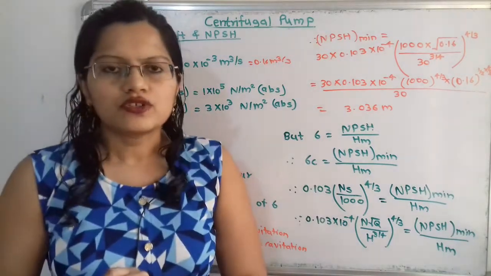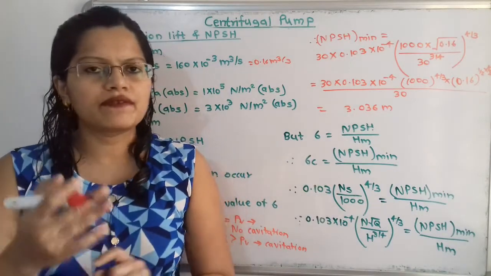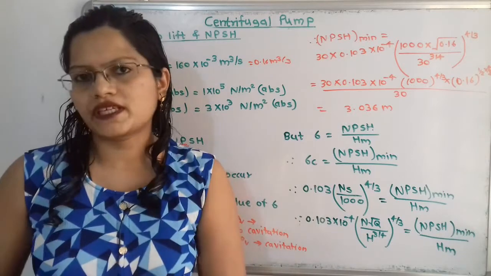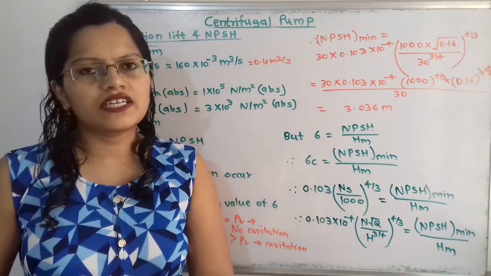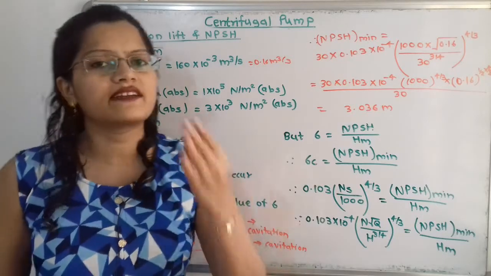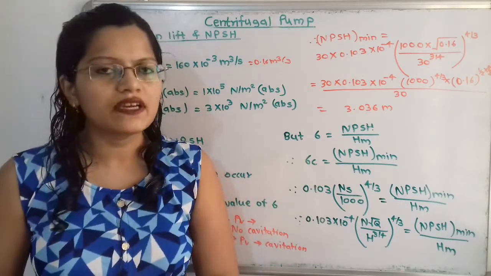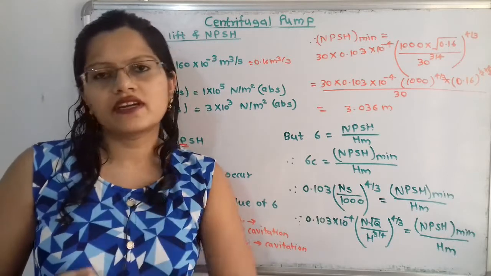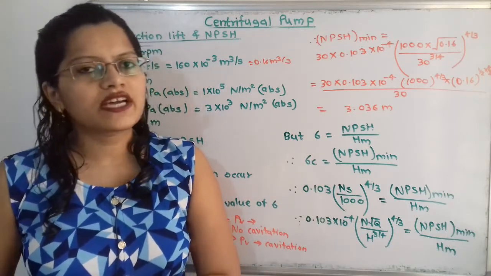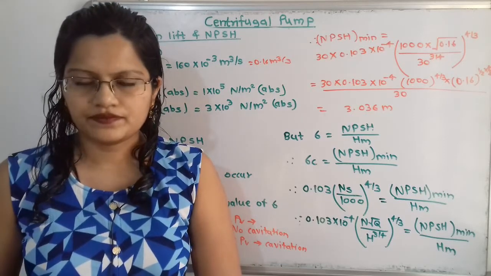So what happens when P1, the pressure at the inlet, is equal to vapor pressure? This is the condition for no cavitation, and if P1 is greater than Pv, then the liquid is converted into gaseous form, and cavitation occurs.